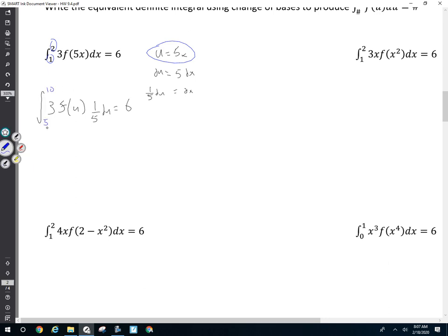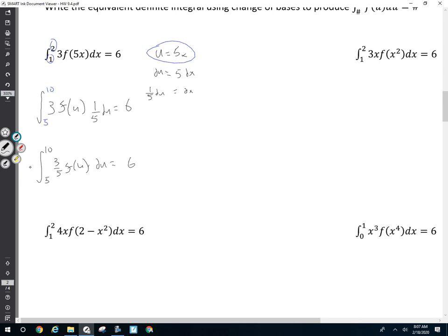So I have the numbers, and an f of u, but I have other stuff in my integral, and this is just confirming that we know what we're doing when we change bases. When we have constants inside an integral, we could pull out the constants as long as it's being multiplied.